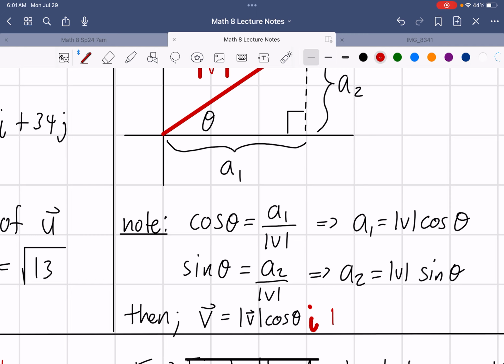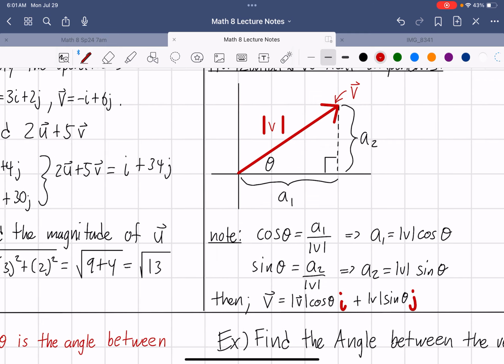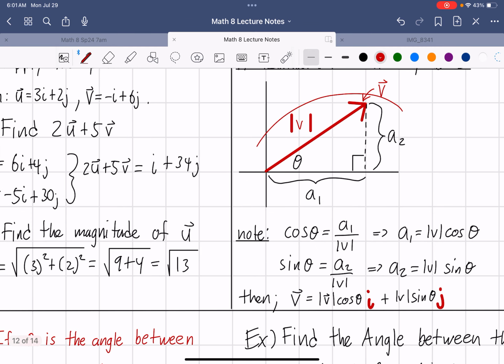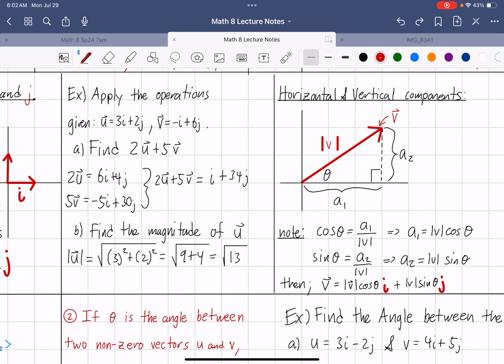And then a sub 2 will scale the vector in the y direction. So whenever the x and y components are not given, luckily we know our trigonometry that can help us find missing sides of a right triangle.